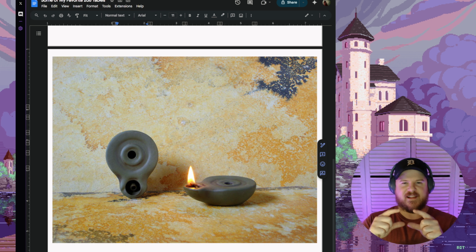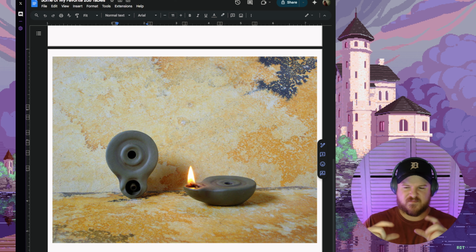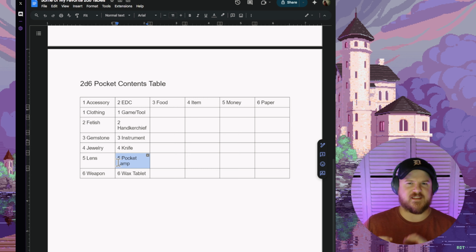They're just little tiny lamps, usually oil lamps, clay, or they could be a little alcohol torch, or even just a stub of candle. They just have some sort of light source, the same way that people might carry a little flashlight with them if they don't want to use their phone light.